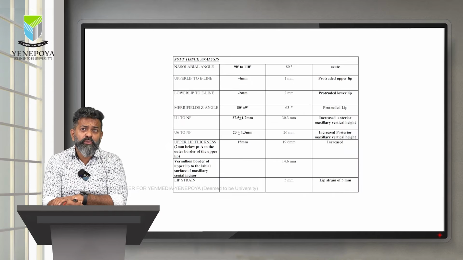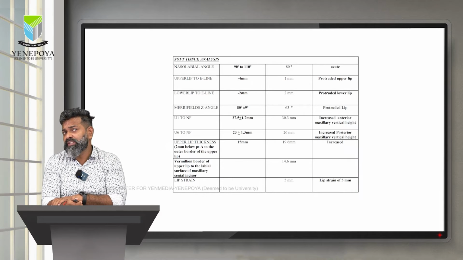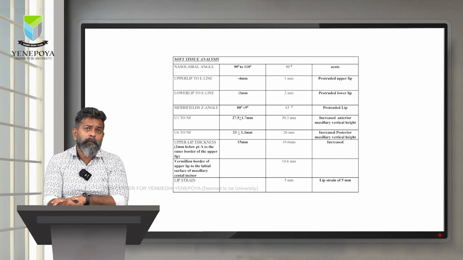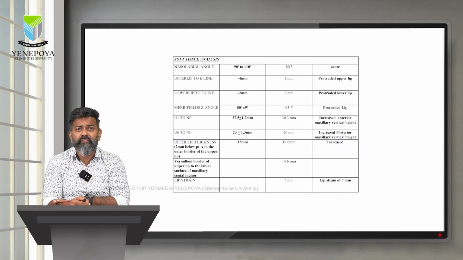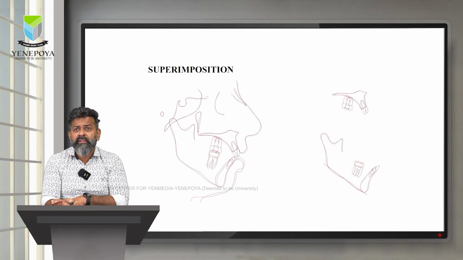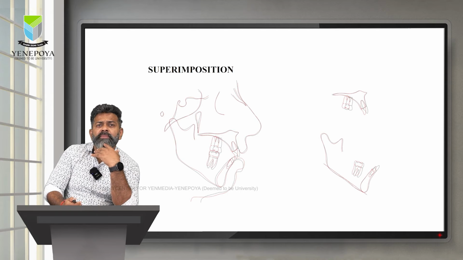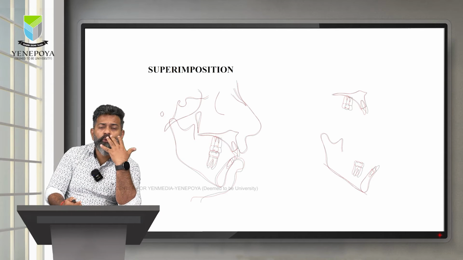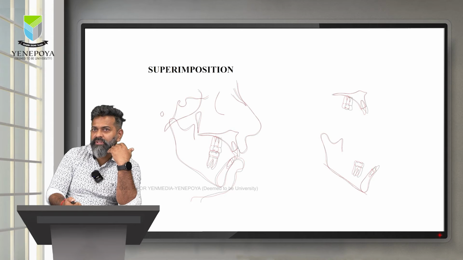These are the values. These are the soft tissue analyses we have done. We have compared both pre and post, and when we do the superimposition, we came to know that the mandible has auto-rotated to a very good extent. We could close her mandibular plane angle, and her open bite tendency reduced.